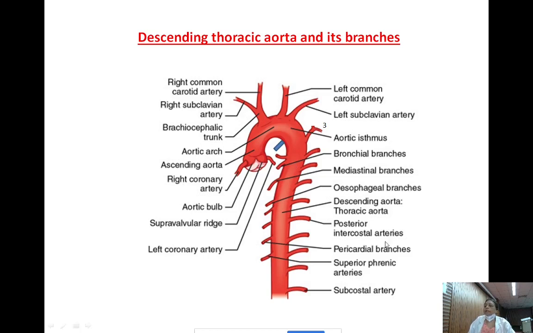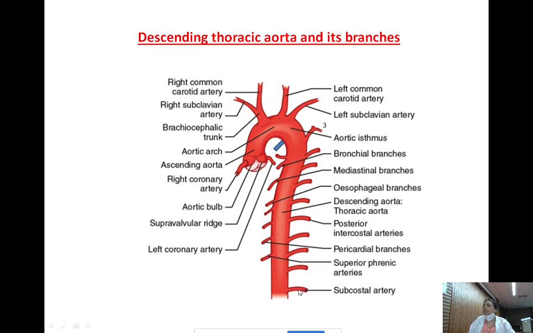The 12th, it comes to the abdomen. It originates in the thorax, from the descending thoracic aorta, but it comes to the abdomen and passes through an opening in the diaphragm. So that is known as the subcostal artery.